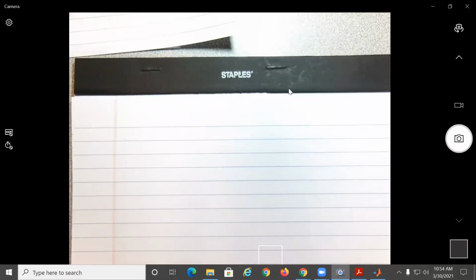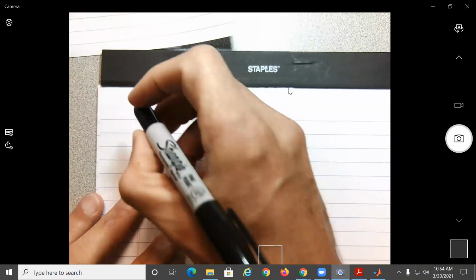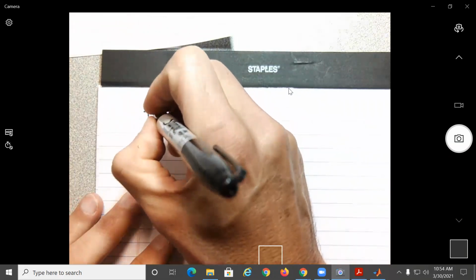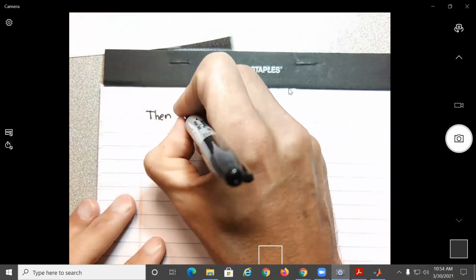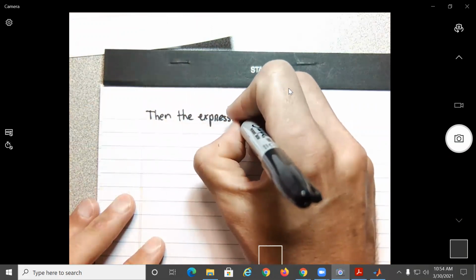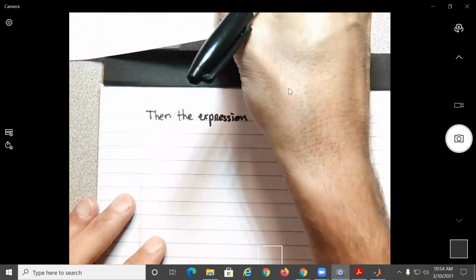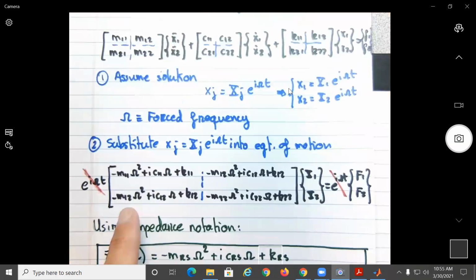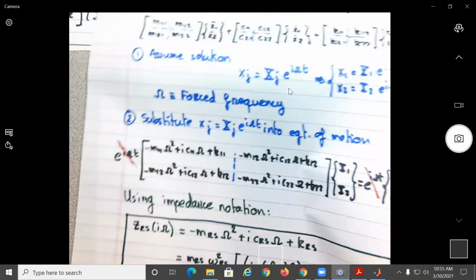I have to rewrite it, which I'm not too happy about. I'm just going to recopy this expression here, but without the exponential function.